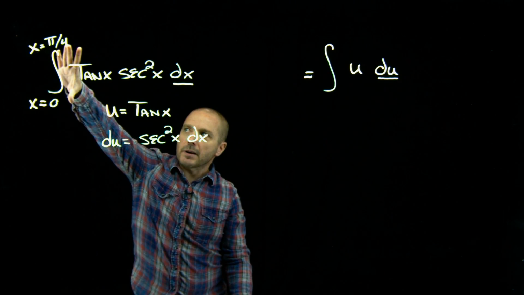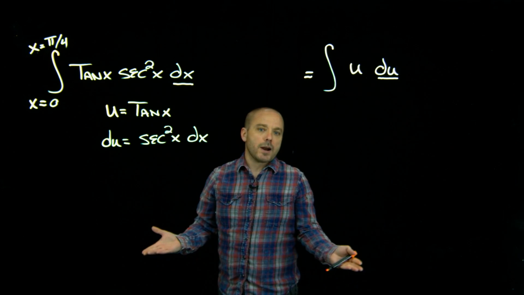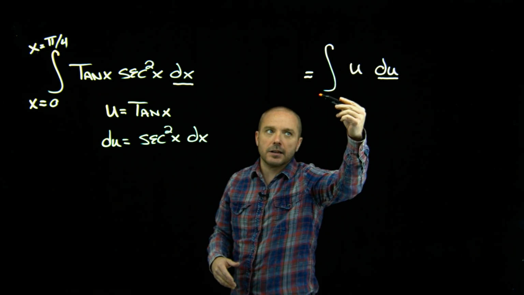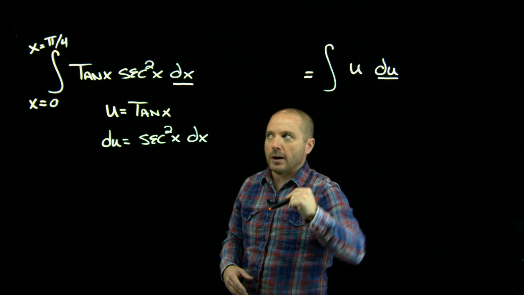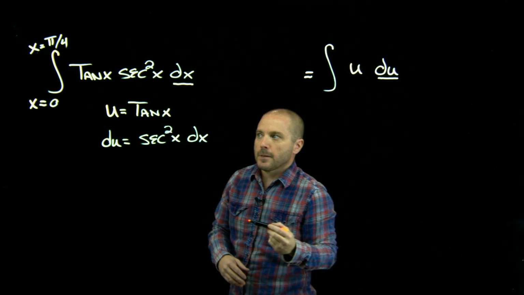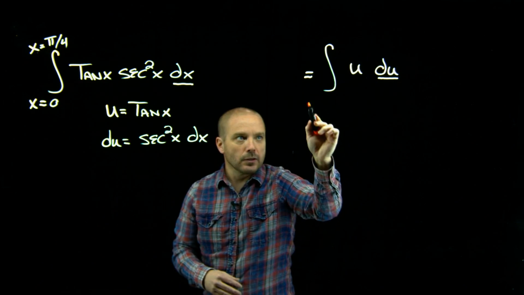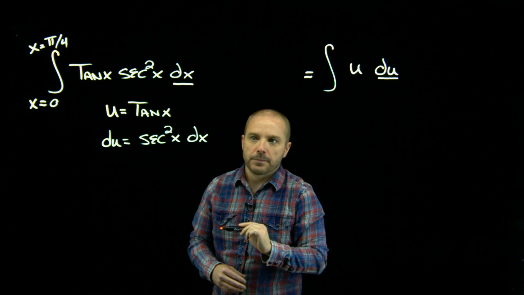So I don't simply want to copy 0 and pi over 4 over there. If I do, I'm writing something that's incorrect, because it's not the integral of u from 0 to pi over 4. It's the integral of x from 0 to pi over 4. So I want to switch these x's so that when they're over here, they're u's.